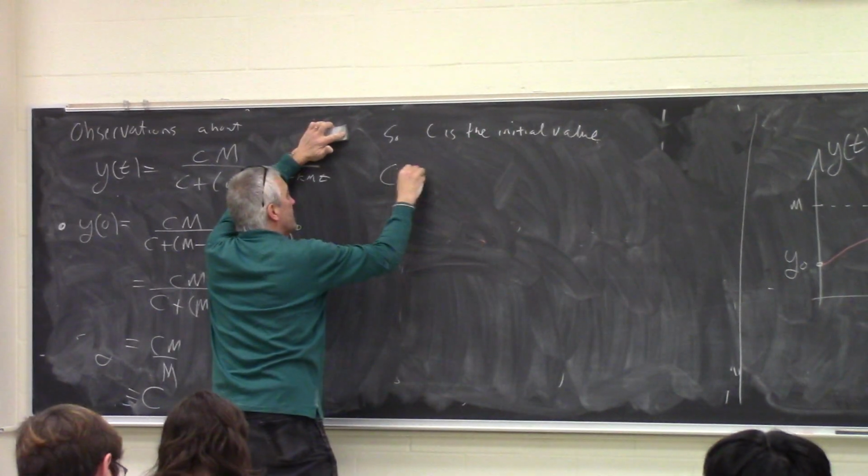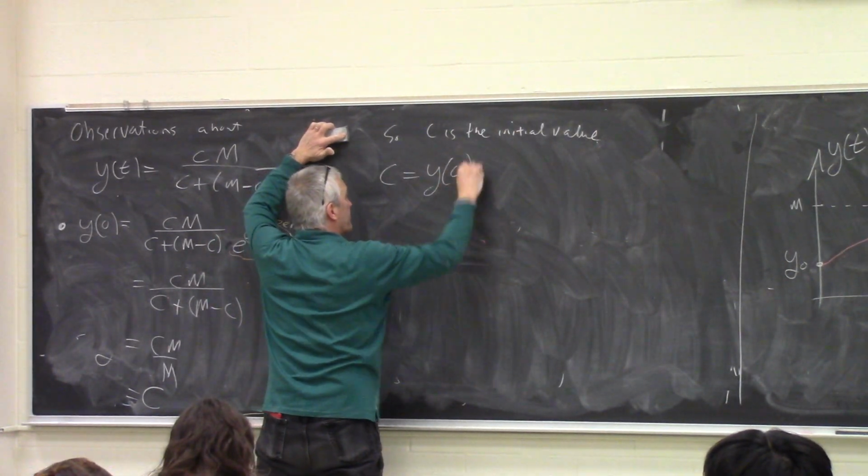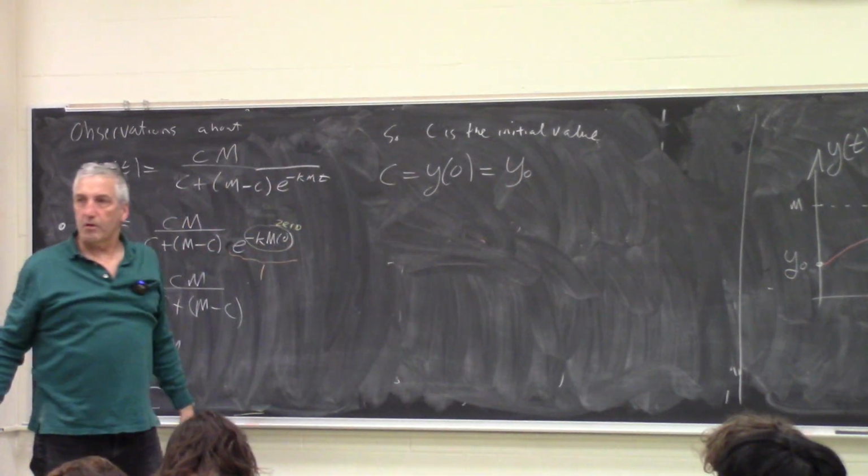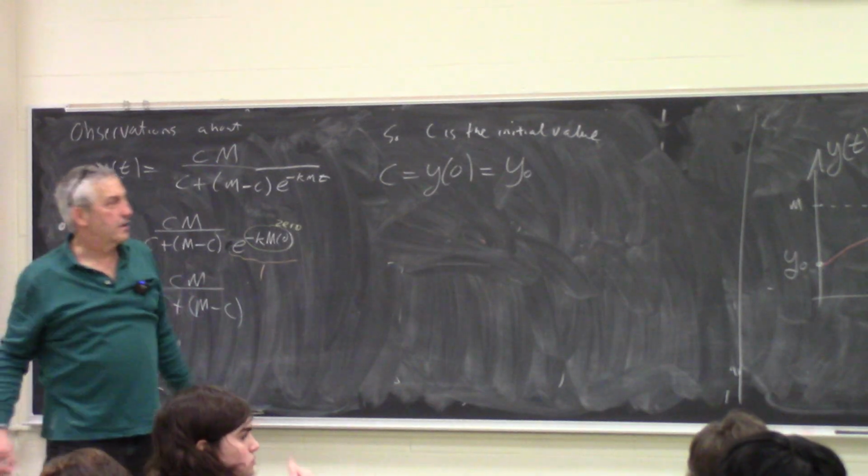So C is y of 0, which is also written y subscript 0. So I'm going to use that symbol instead of C.